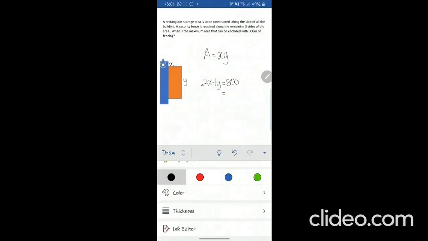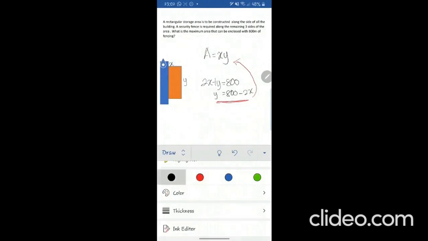And then we need a value of y, so we need to transfer 2x to the other side. So y equals 800 minus 2x, like that. After that we need to put this into this, so we will get the area equation.